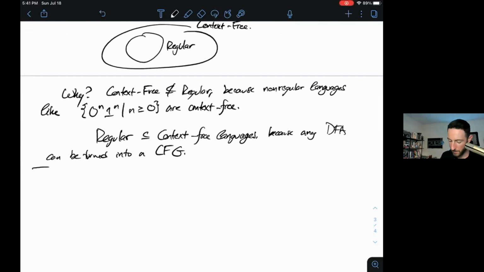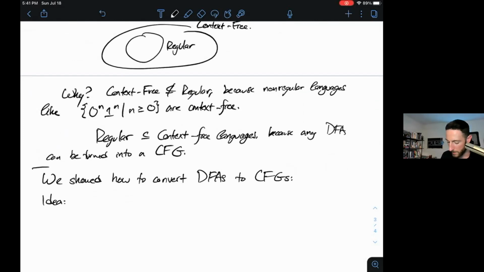In particular, the idea was we simulated the execution of the DFA on a string with substitution rules.